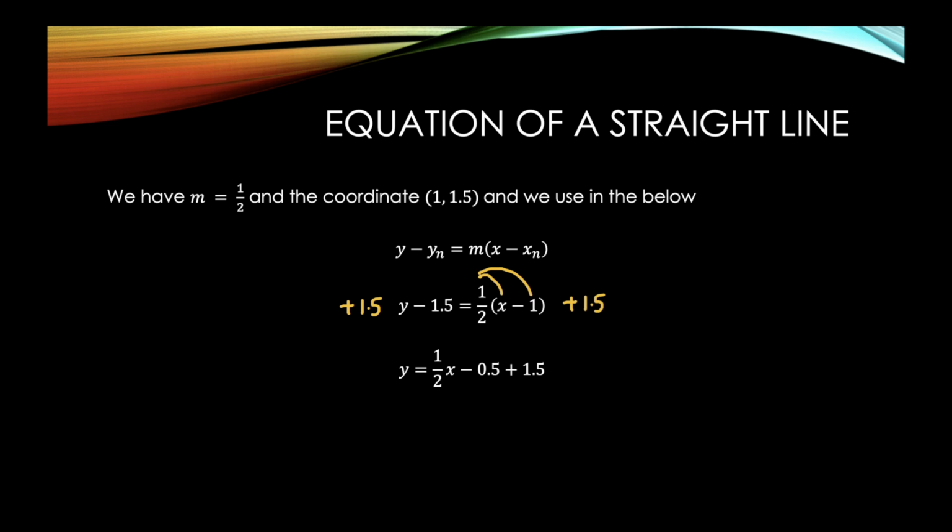Collecting the constant terms together, you end up with y is equal to a half x plus 1. So we've now just shown that both of our coordinate points lie on that straight line of y is equal to a half x plus 1, and we derived this equation y equals a half x plus 1 from first principles.